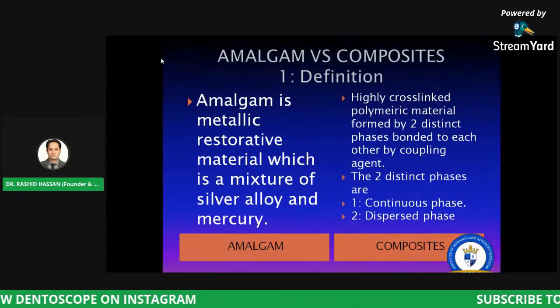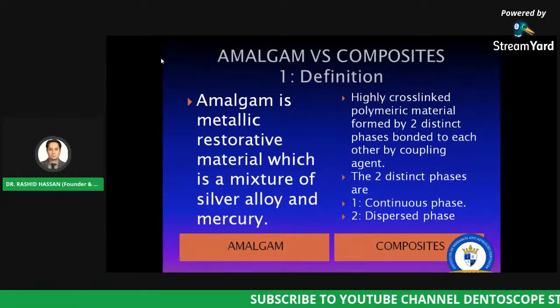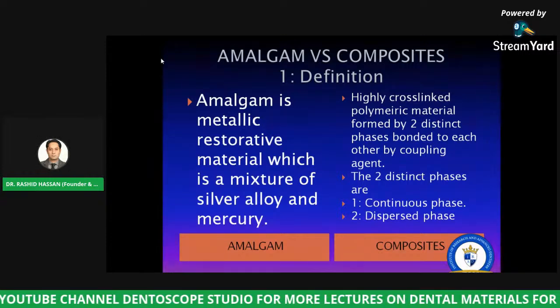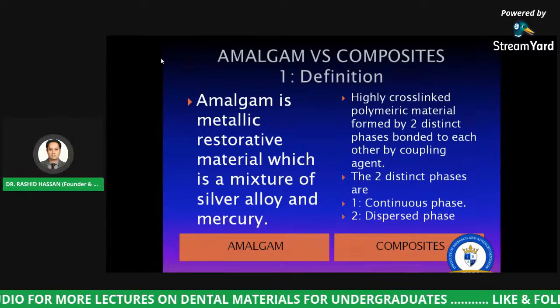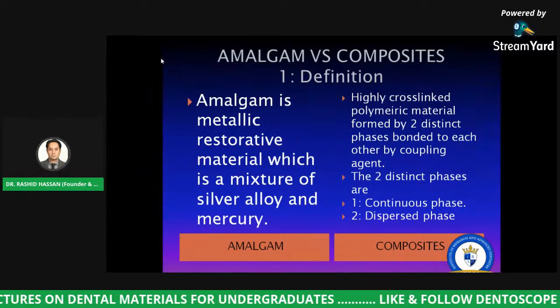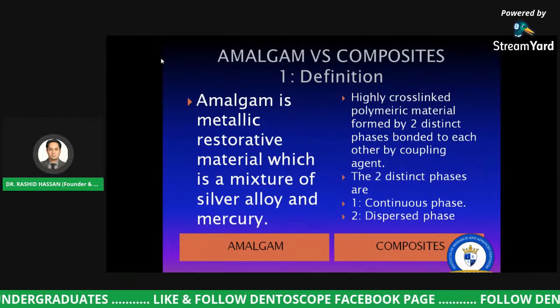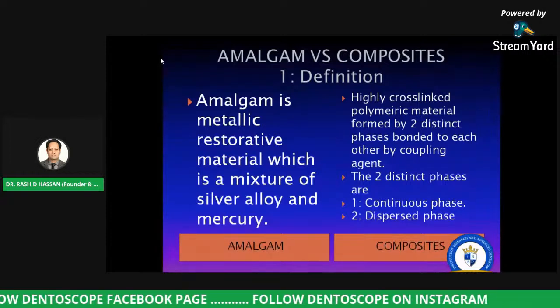Cross-linkage is seen in polymers when the polymeric chains come very close to each other and get intermingled, so they form a very strong bond with each other. That's why they give strength to dental composite, along with the filler particles, which also add to the strength.